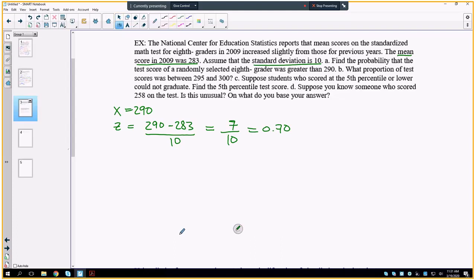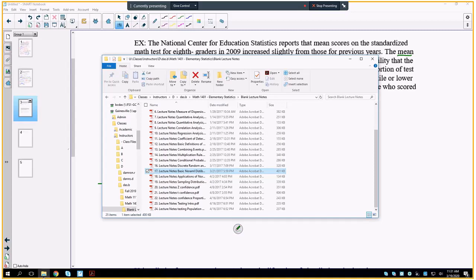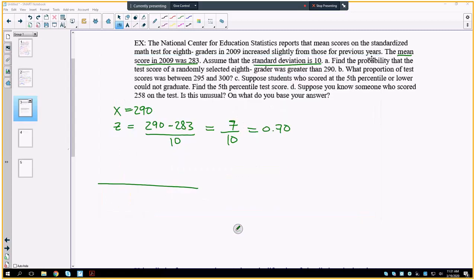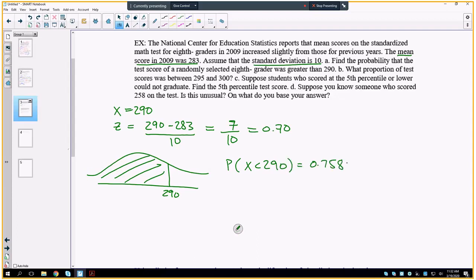And the z table gives me area to the left. So the probability that x is less than 290 is 0.7580. Again, I have a number between 0 and 1 because I'm a probability.